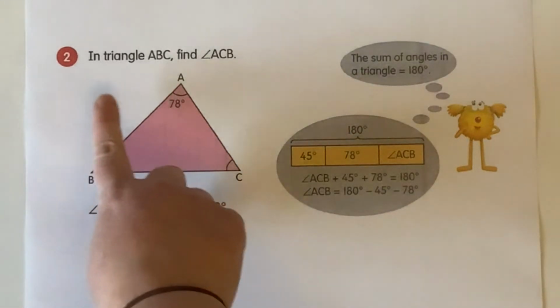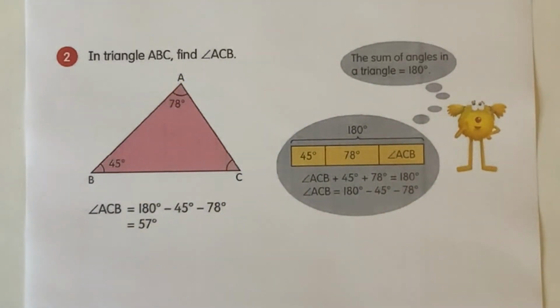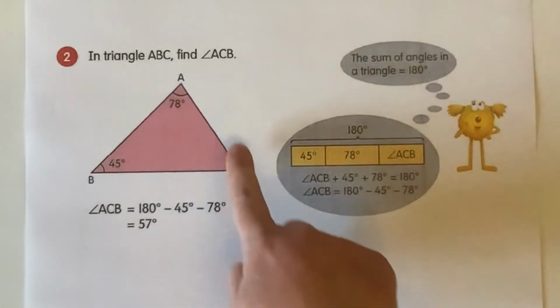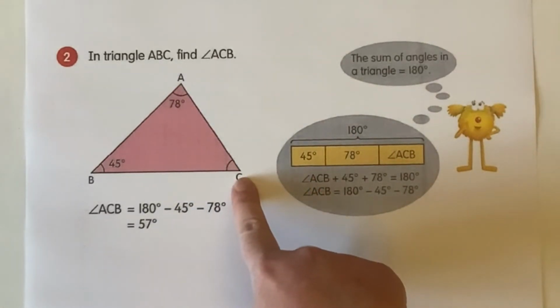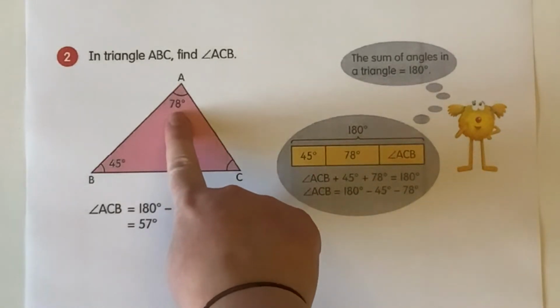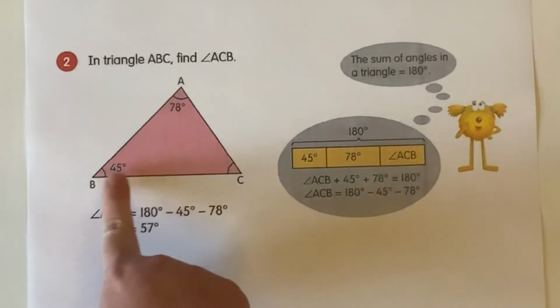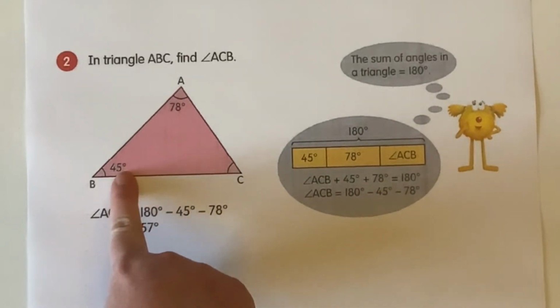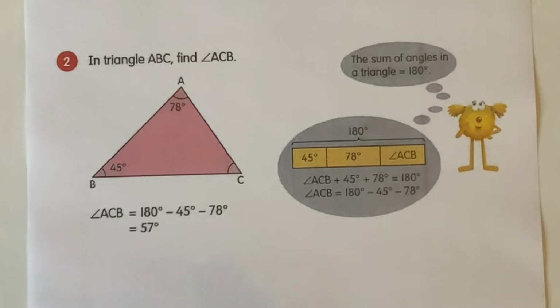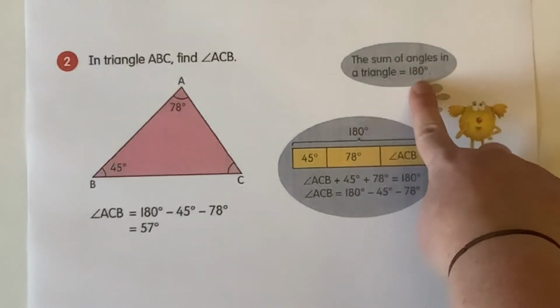So we're told here that we've got the triangle ABC, and we need to find angle ACB, so this angle here. We're told that the angle BAC is 78 degrees and the angle ABC is 45 degrees. Okay, we know now that the sum of angles in a triangle equals 180 degrees.